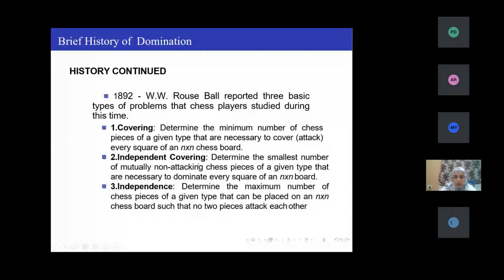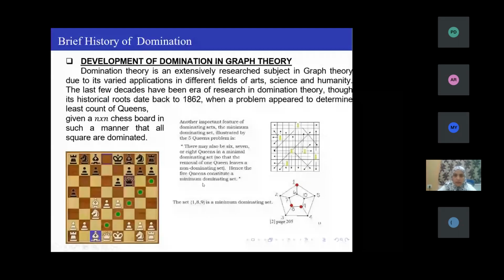Next comes independent covering. Determine the smallest number of mutually non-attacking chess pieces of a given type that are necessary to dominate every square of an n cross n board. It means the smallest number of non-attacking chess pieces is known as independent covering. In graph theory, I can explain with this graph: if 1 is a vertex which comes under independent covering, then it should not contain the vertices which are connected to 1.